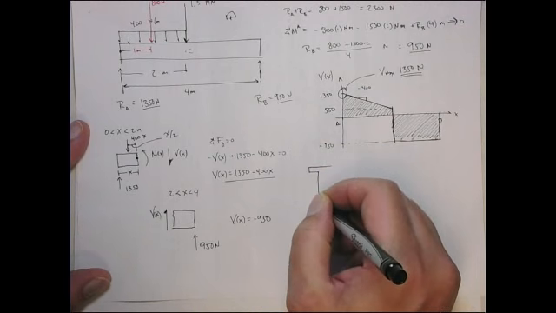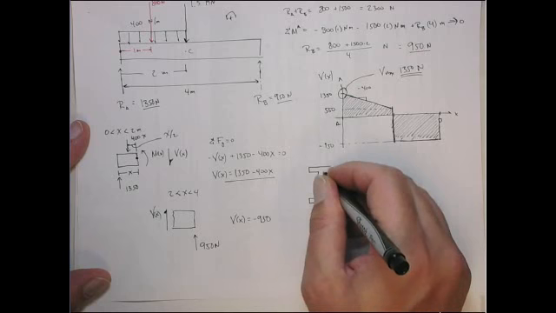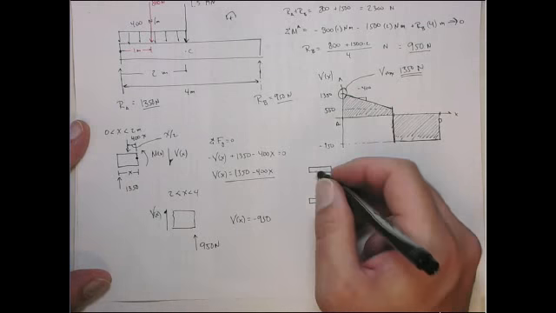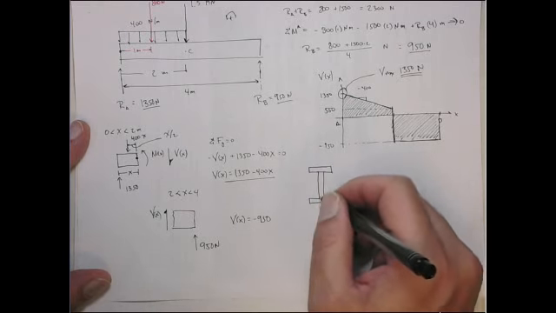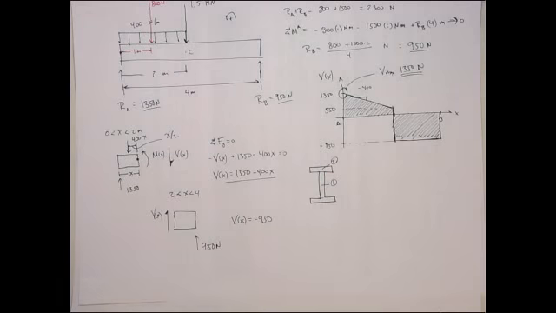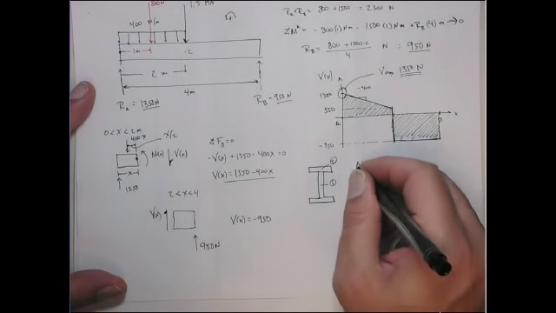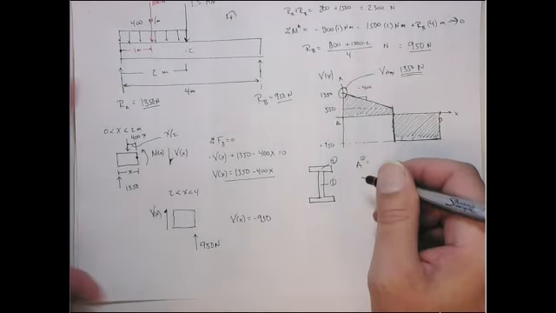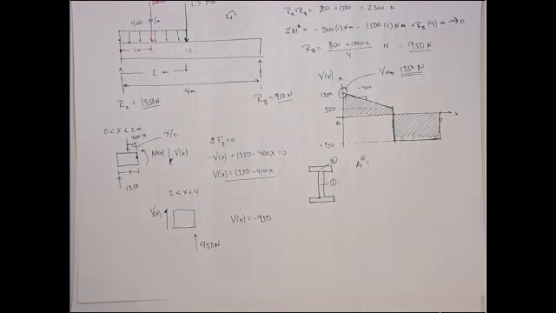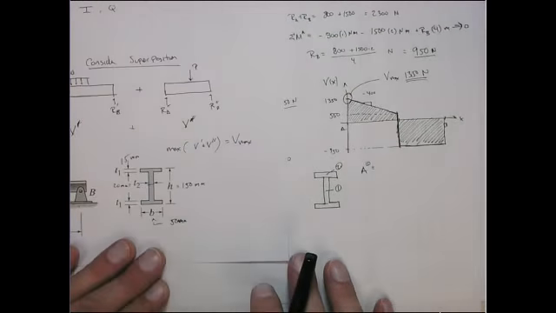First we need to get I of the entire cross section, right? So we'll have this we'll call section 1, and this I'll call section 2. All right.